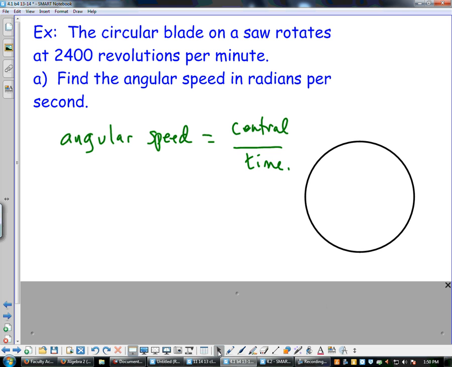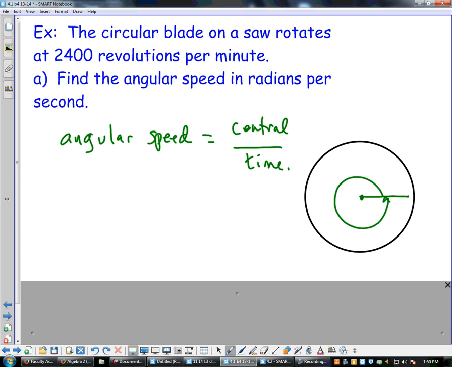So we have this circular blade for the saw, and the angle, we go around this circle, the circle spins 2,400 times per minute. You with me? It's spinning that fast. It's making a complete revolution 2,400 times per minute.